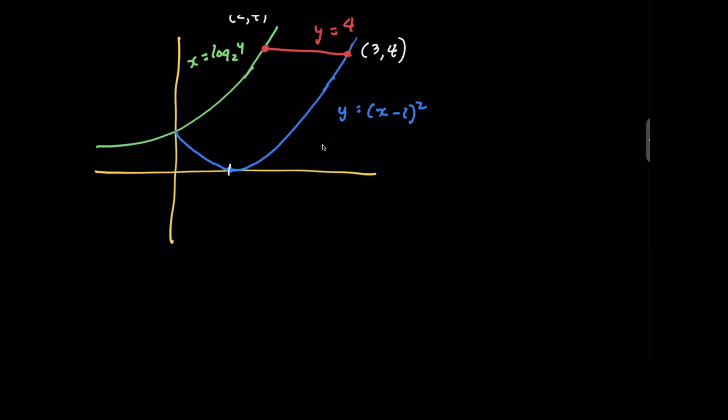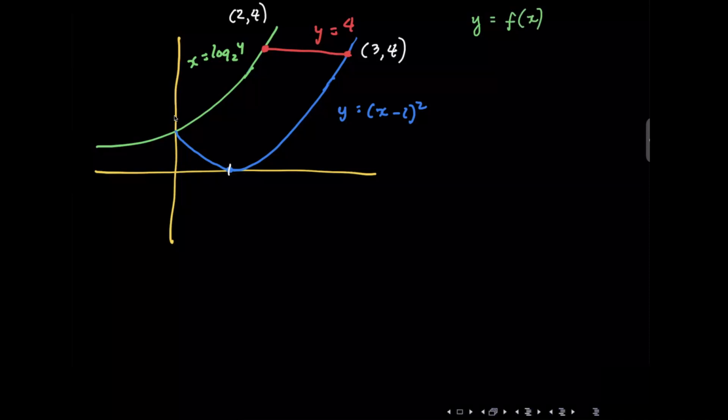Okay, next we want to find the perimeter of this region. So first, let us get the length of this one, the arc length. Let us first recall the arc length formula. If you have an arc of the form y = f(x), x from a to b, the arc length is equal to the integral of the square root of 1 + (f'(x))² dx, x from a to b.